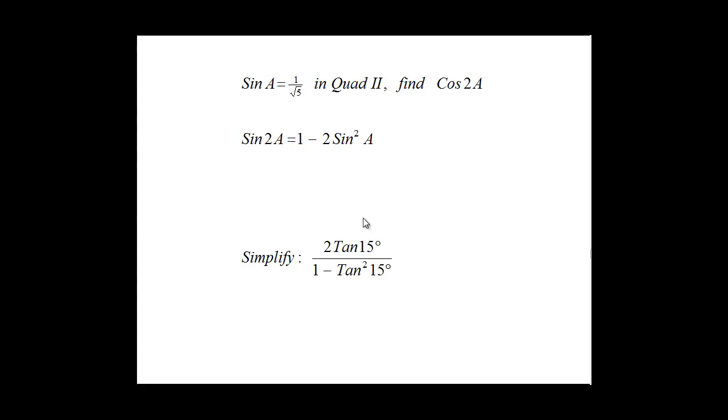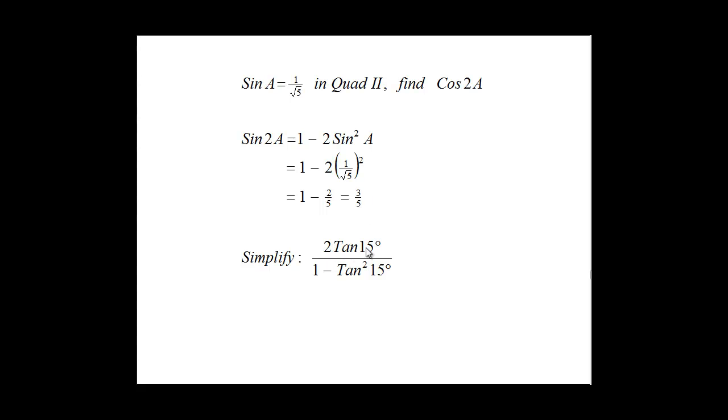So we're going to pick cosine of 2a is 1 minus 2 sine squared. Then just plug in the 1 over square root of 5. So you get 1 minus 2, the sine function squared, which is 1 minus 2 fifths, which is 3 fifths.